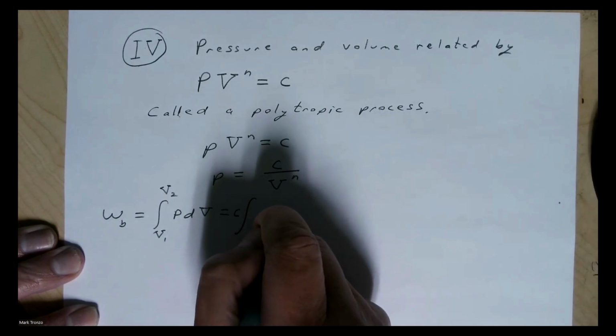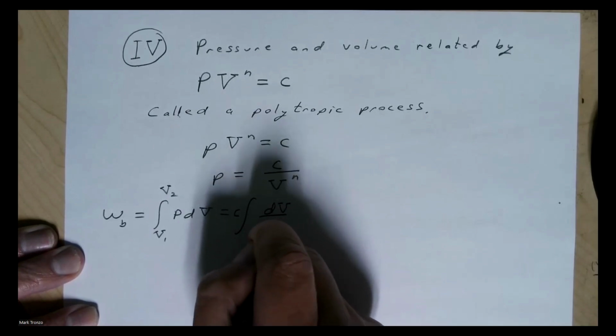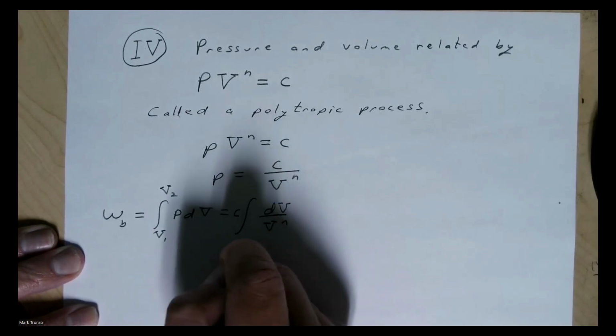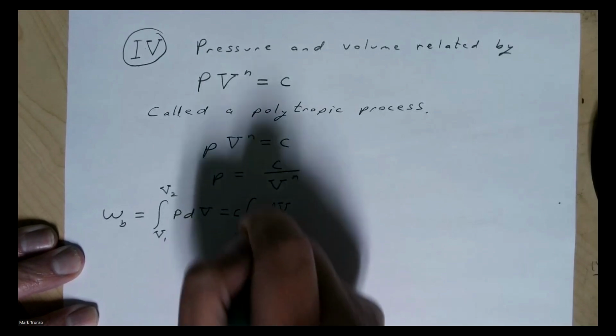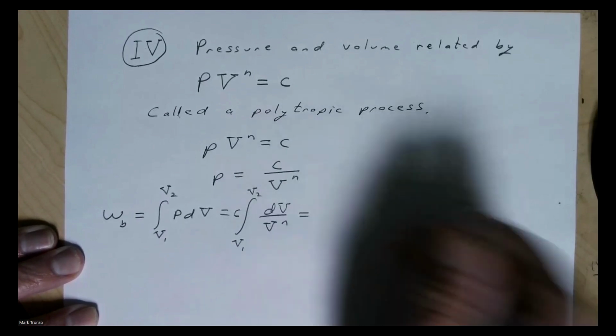So that'll give us dV over V to the N from V1 to V2.